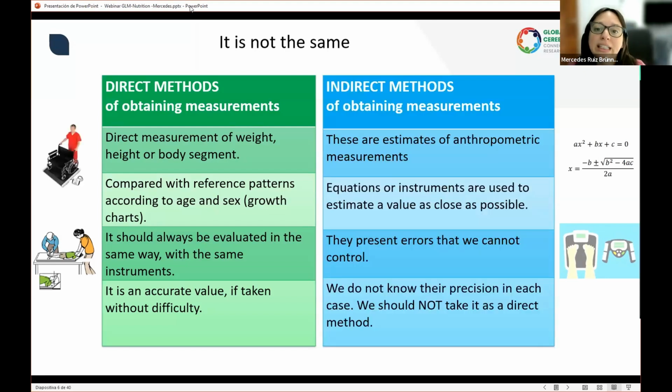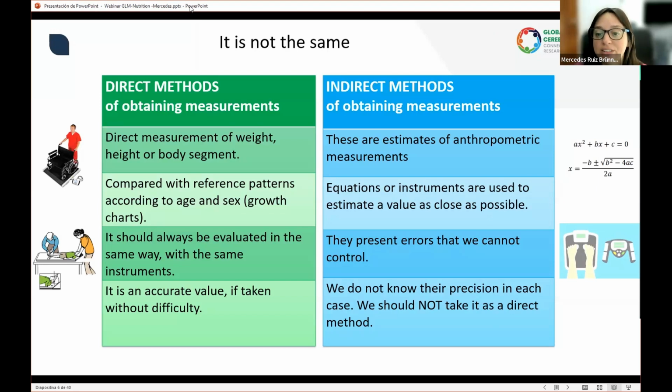When we talk about indirect methods, these are estimated anthropometric measurements. Sometimes we have them through equations or instruments to evaluate as close as possible, but it is a value that is approximated. It's not the exact measurement.